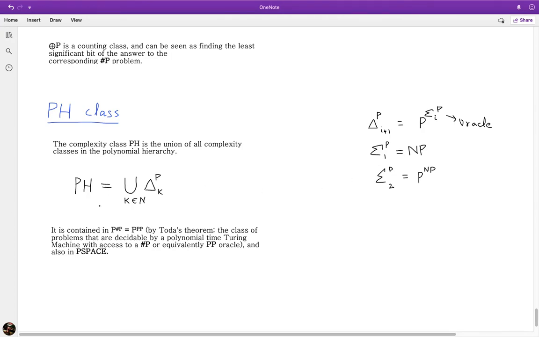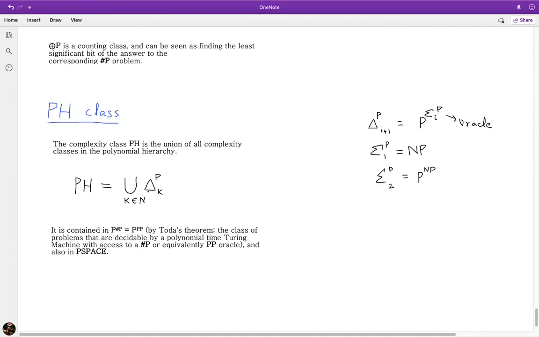So PH is defined as a union of complexity classes in this polynomial hierarchy. So this is the union over k, which is a natural number, of delta k p.